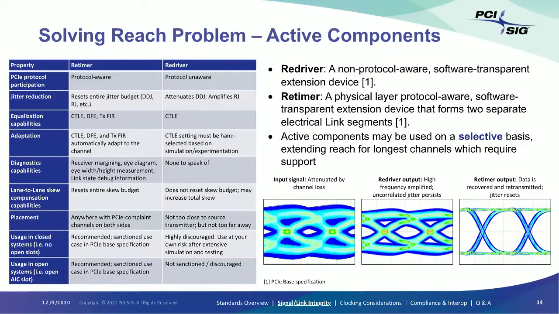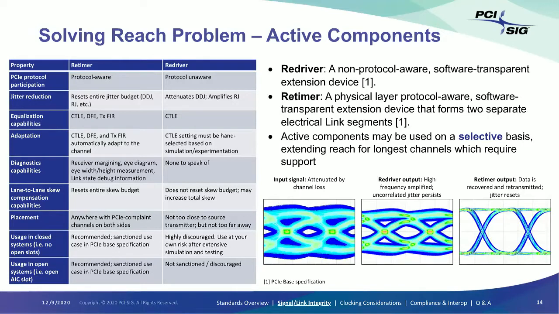But it would not be able to compensate for uncorrelated jitter terms, things like random jitter or uncorrelated deterministic jitter. So the end result would be a slightly more open eye, but you would still have jitter present in the eye due to those uncorrelated jitter sources.